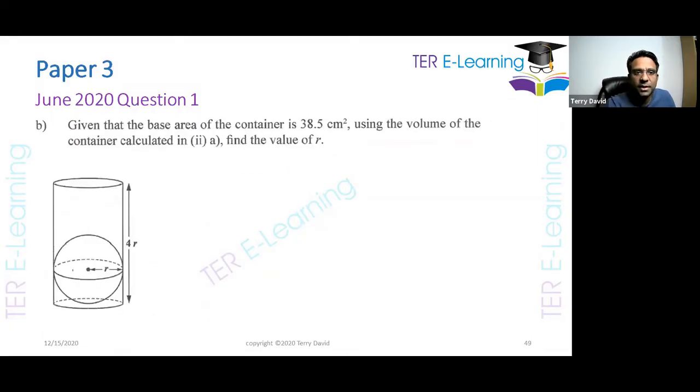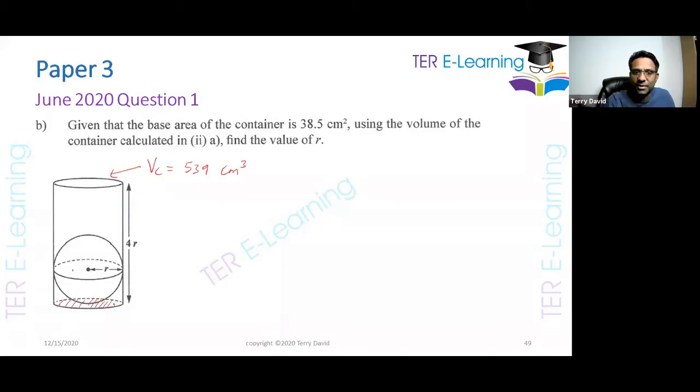The volume of the container, remember the container is a cylinder, worked out to be 539 cm cubed. That's the volume of the container. Now, they are telling us that the base area of the container is 38.5 centimeters squared. So you know what they're saying. They're saying this area here, this circle at the bottom.